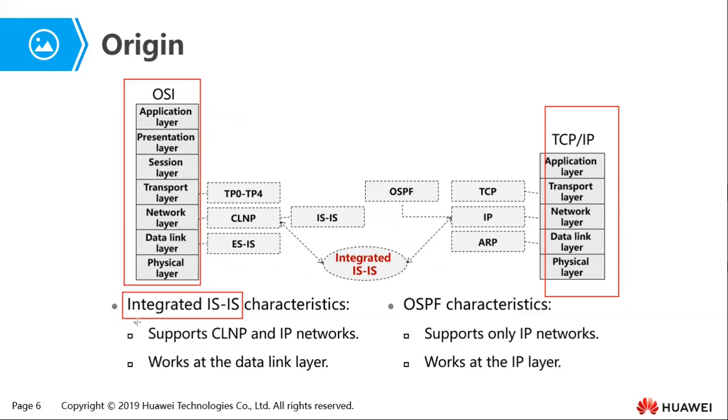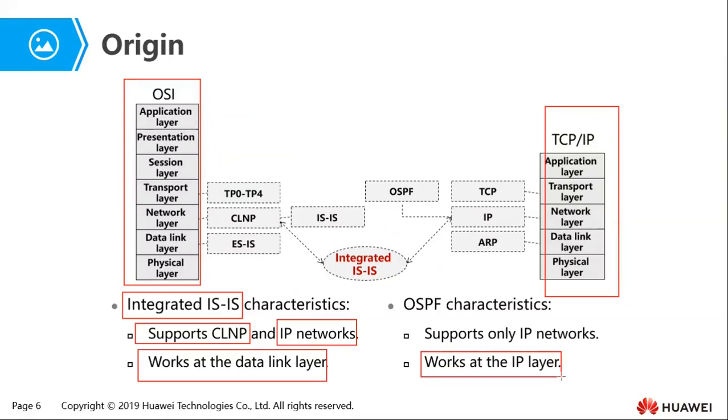So it supports both connectionless networks and also IP networks, and it works at the data link layer, while OSPF operates at the IP layer. So you're going to see, for example, when sharing IS-IS hello packets, we are going to be sending them using multicast MAC addresses and not multicast IP addresses.